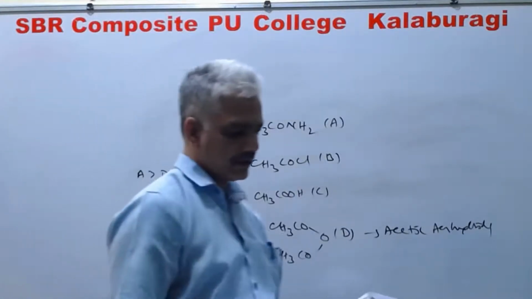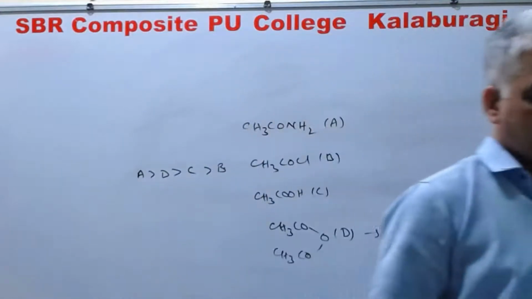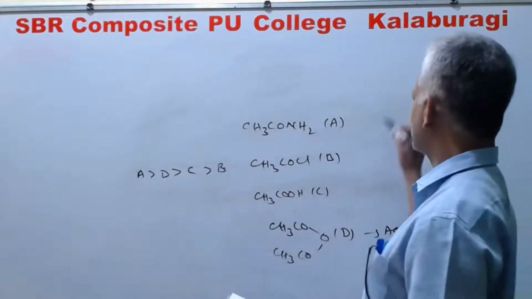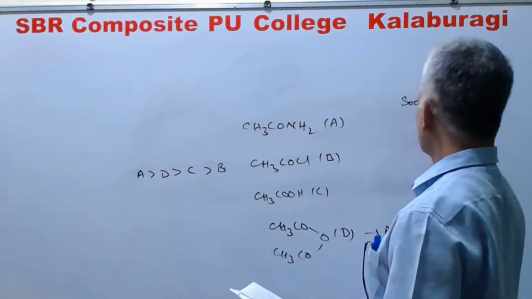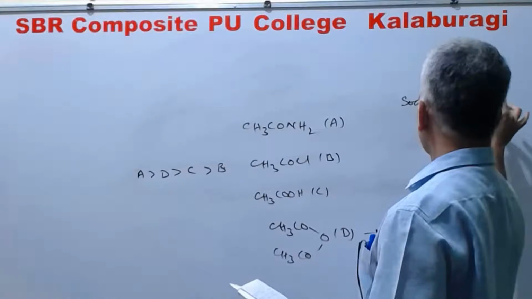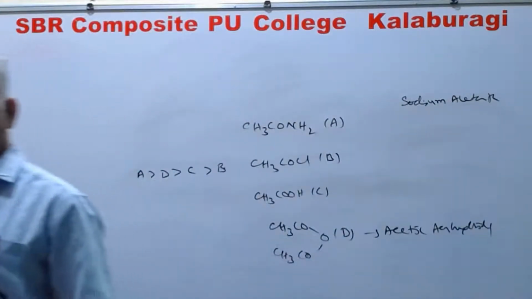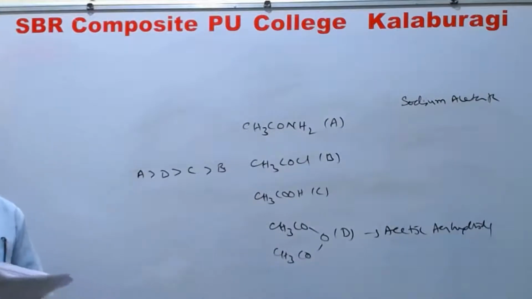Next. Cinnamic acid is formed when benzaldehyde condenses with the acetic anhydride in the presence of. So here this reaction takes place in the presence of sodium acetate. So you can go with the second option. Next, 21st question.